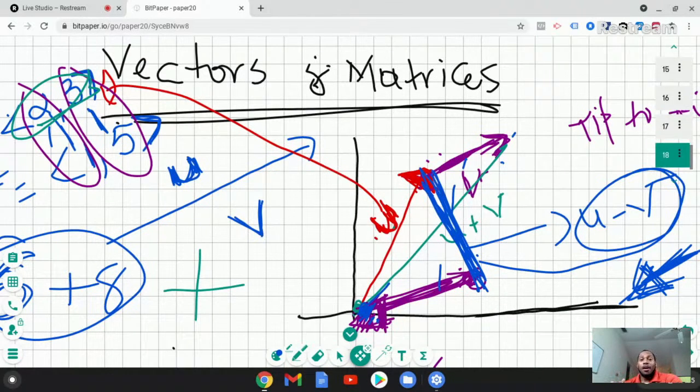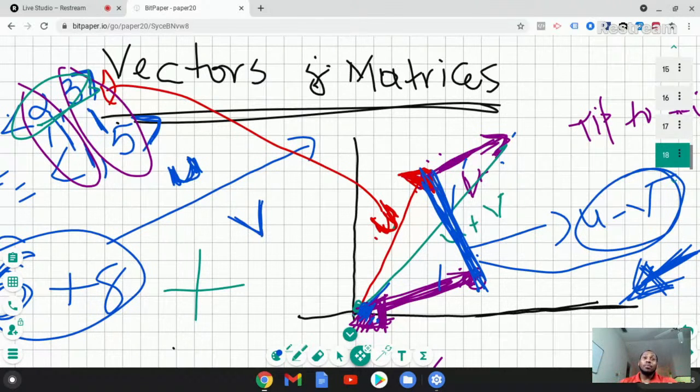It doesn't say this is 4 with x coordinate 1 and y coordinate 0. They just tell you this is 4 eggs or this is 5 bananas. So vectors are different from numbers in that they have not only a magnitude, but also a direction.